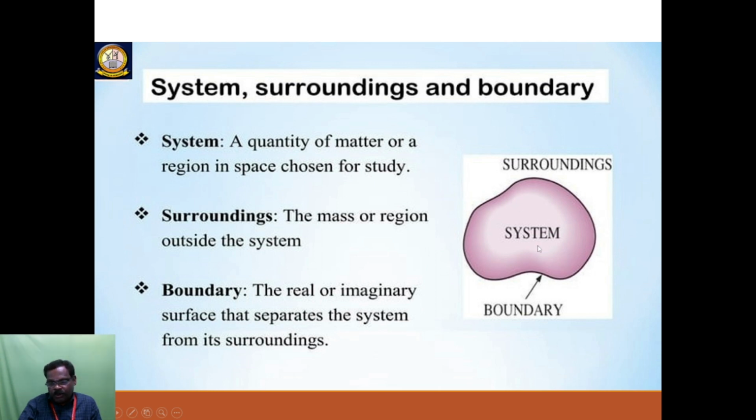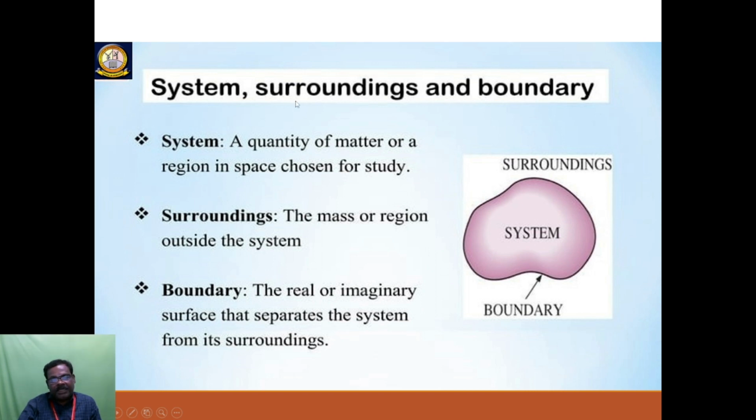So you should know what is system, surroundings and boundary. The system and surroundings are separated by an imaginary or real surface called the boundary.